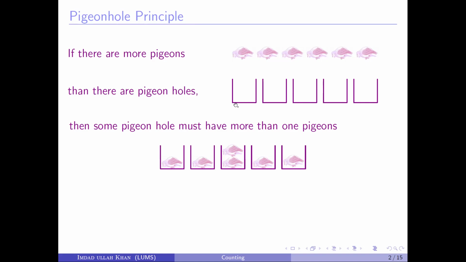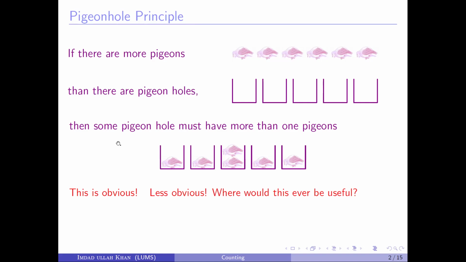For example, in this visualization, we have 1, 2, 3, 4, and 5 pigeonholes, and we have 6 pigeons. So if the number of pigeons is greater than the number of pigeonholes, then some pigeonhole must have more than 1 pigeon. These 6 pigeons can be placed in 5 pigeonholes only if we allow repetition in one of the pigeonholes.